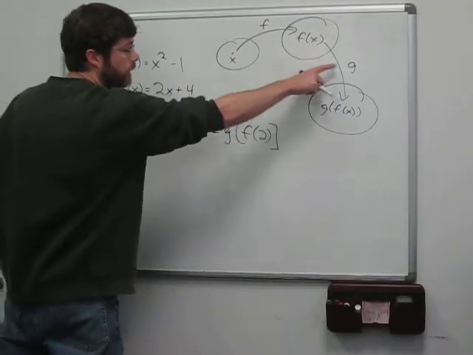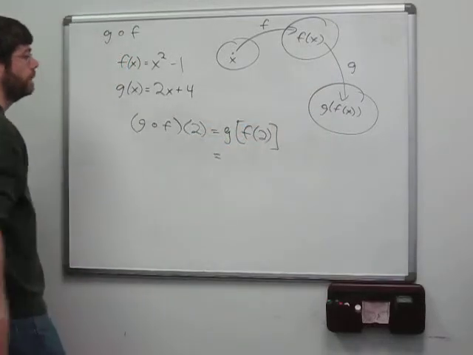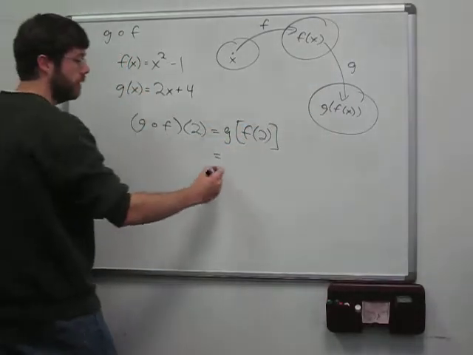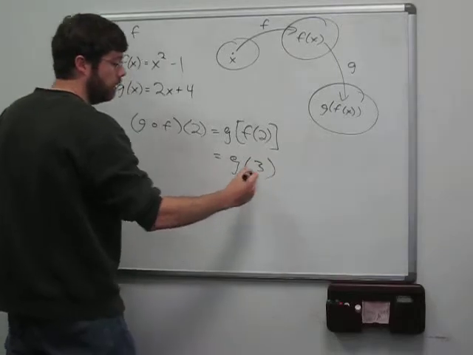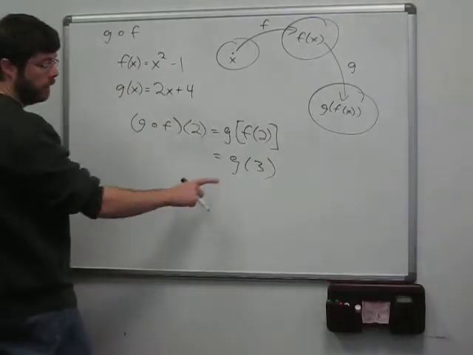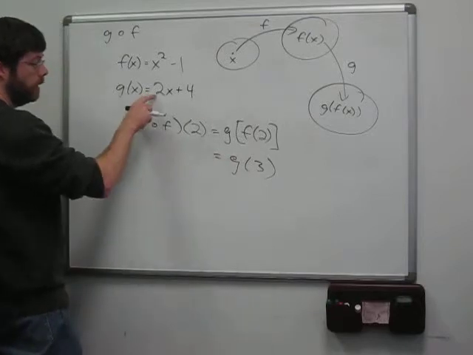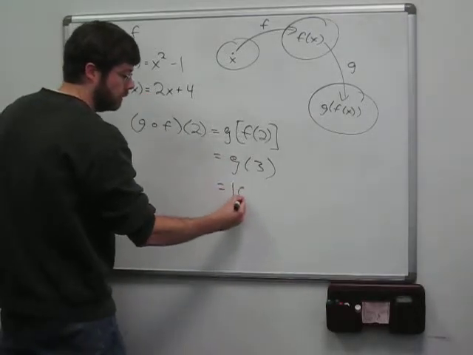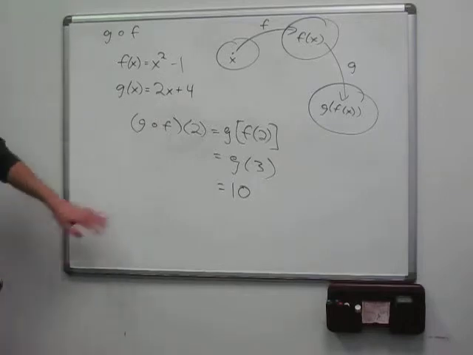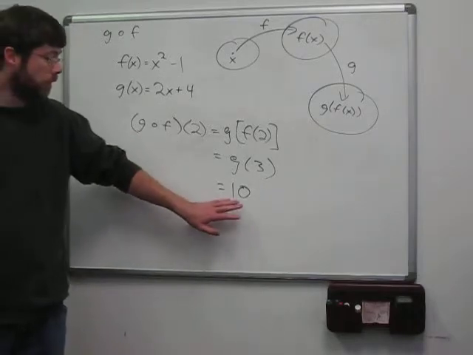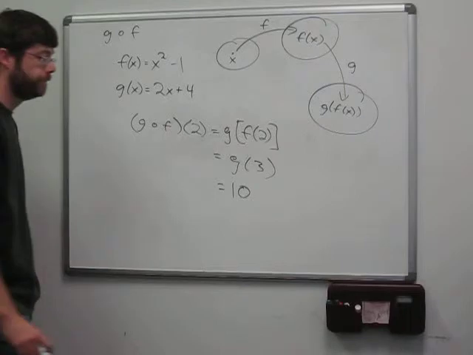F first, then g. F of 2 is 3, so I'm going to apply g to 3. I'm going to evaluate my function g at 3, and that's going to be equal to 10. So g of f of 2 is equal to 10.